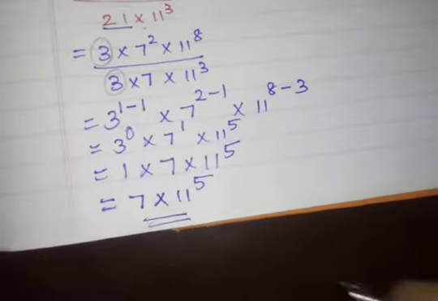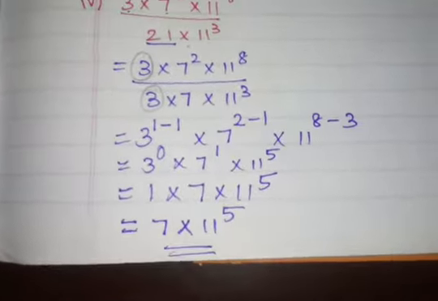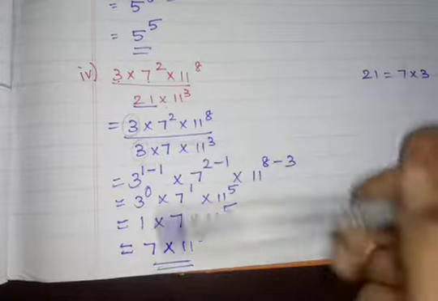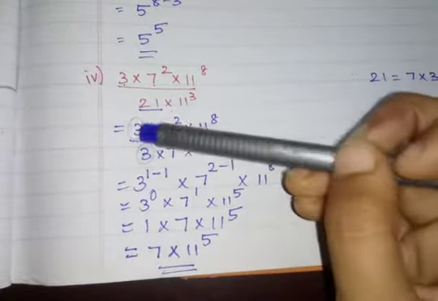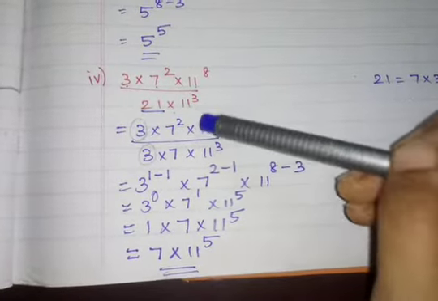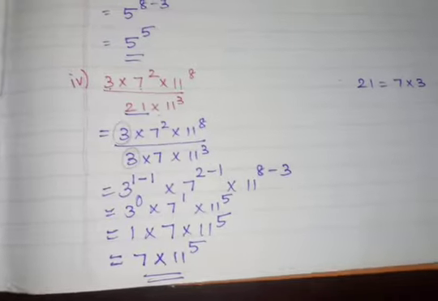This is your answer, because 1 into something is the same number. So listen, I just wrote 21 as 7 3s are 21. I am comparing the denominators: 3 power 1 minus 1, 7 power 2 minus 1, 11 power 8 minus 3. That's all. You just calculate it after this.